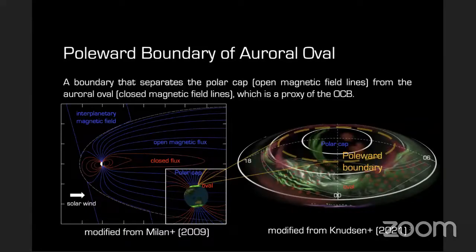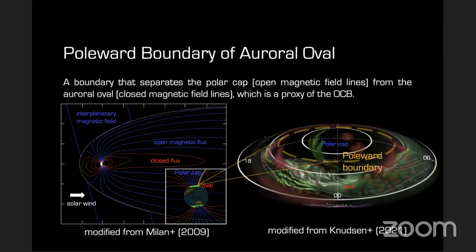The open field lines are eventually reclosed by the night side magnetic reconnection and drift sunward through the closed magnetosphere. This cycle is the so-called Dungey cycle.